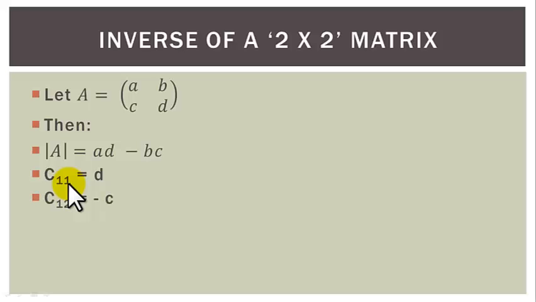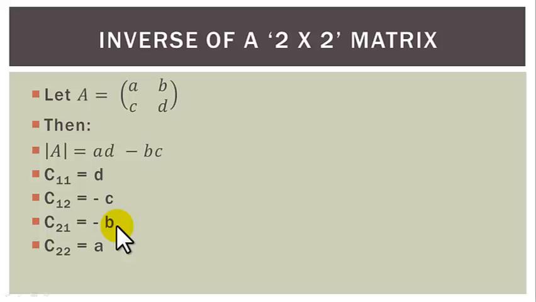C12 is equal to minus C. That's we delete row 1, column 2. Since 1 plus 2 is odd, then the cofactor associated with B is minus C. C21 is minus B, and C22 is A.